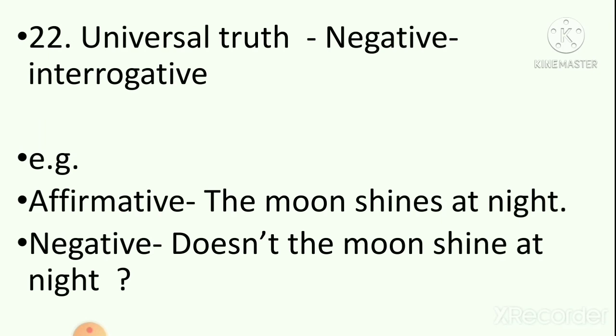If the sentence is a universal truth, we can change it into negative interrogative form. Like in the affirmative sentence, the moon shines at night, so the negative will be: doesn't the moon shine at night? In this same way, the sun rises in the east, so: doesn't the sun rise in the east?